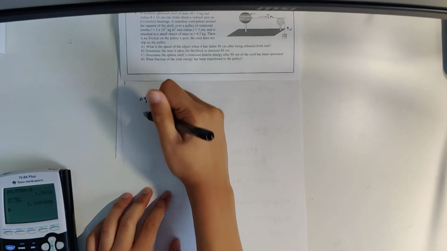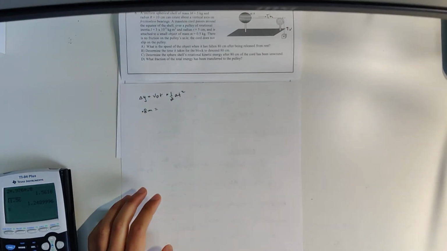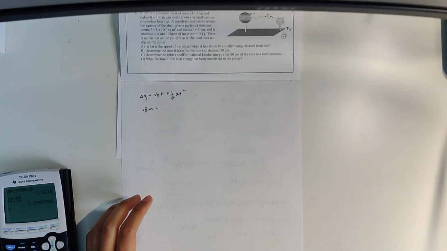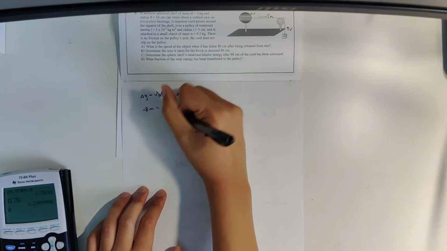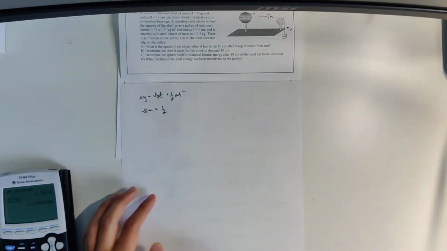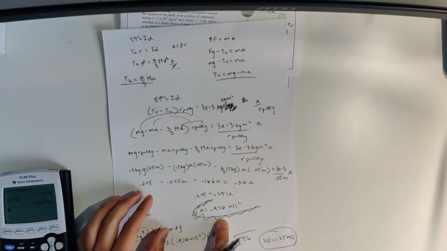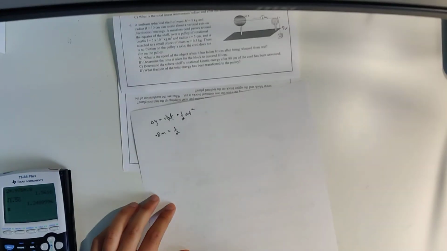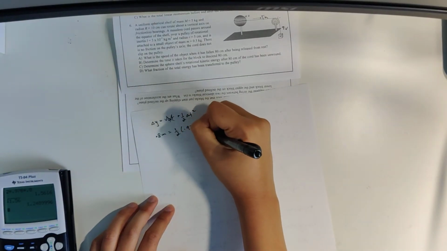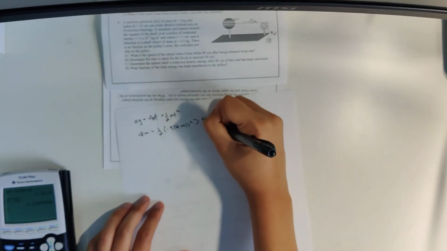So delta y, you know that to be 0.8 meters. And for your initial velocity, you don't have any, so that would just cross out. 1/2 your acceleration we found on this side right here. It's right there, 0.976 meters per second squared, and then t squared.